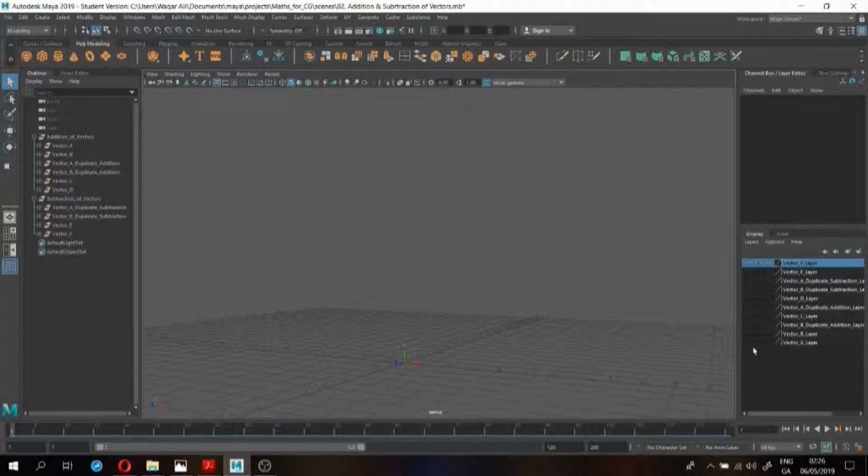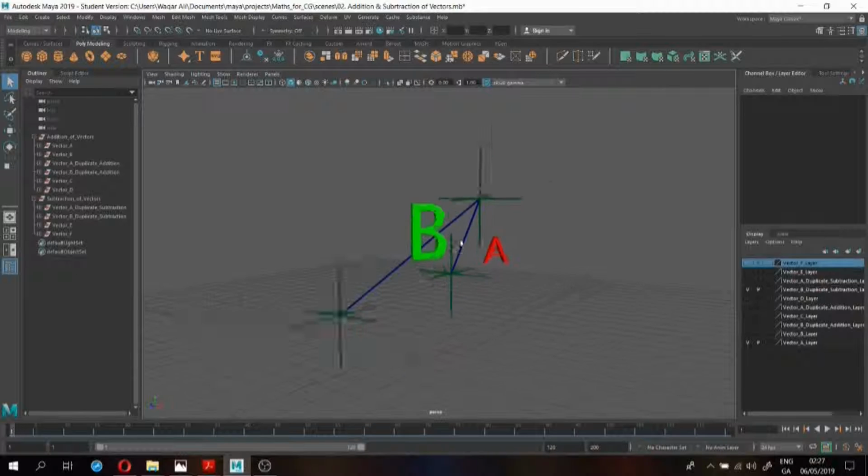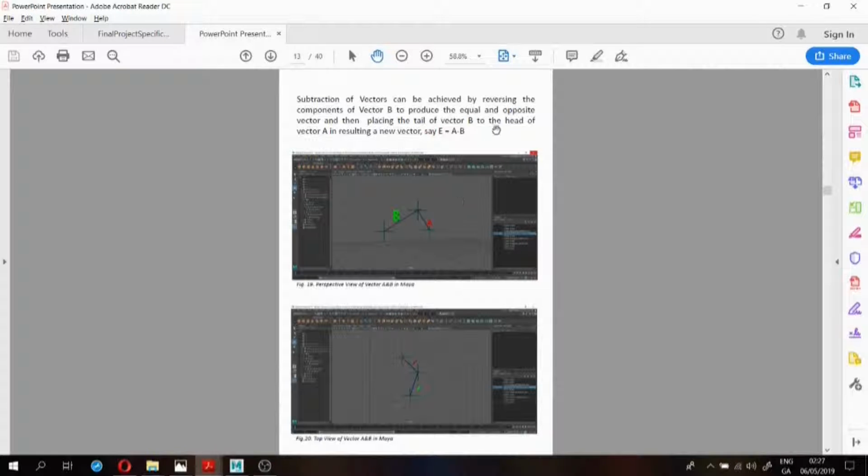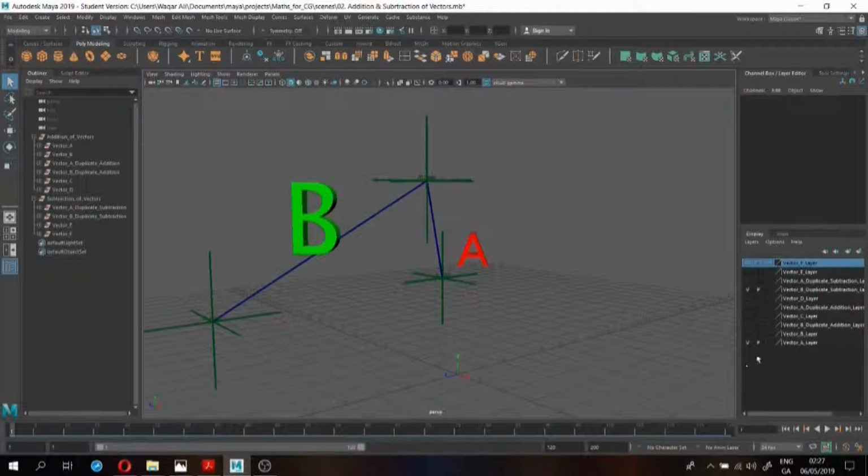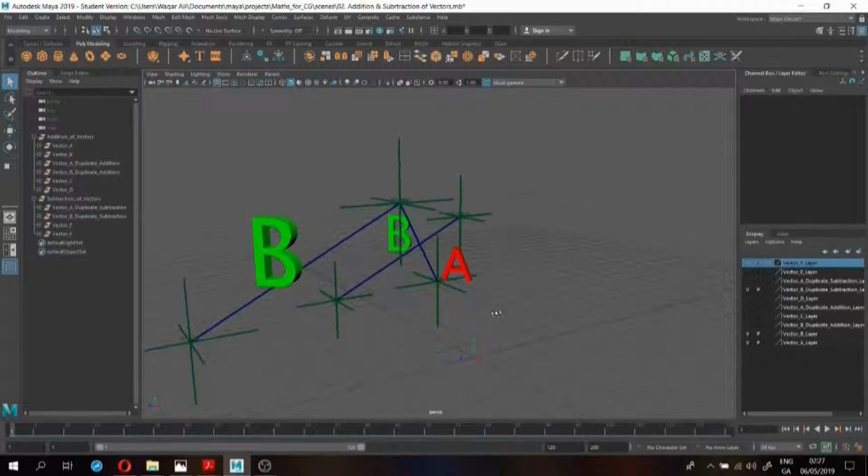So if you go back to our scene in Maya, we will have a vector B. What we did was basically reverse the vector.